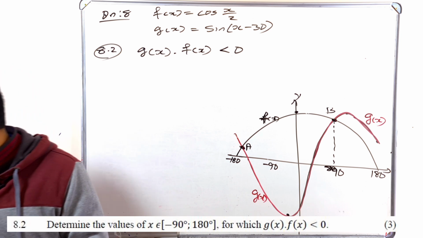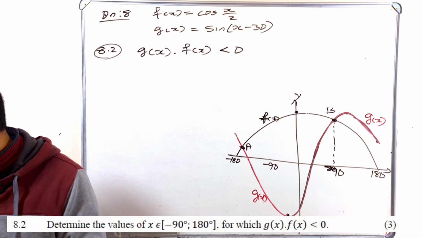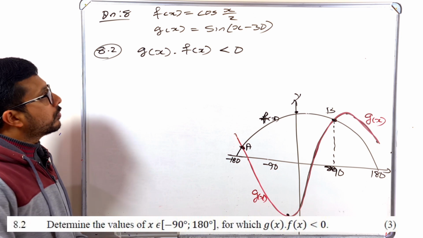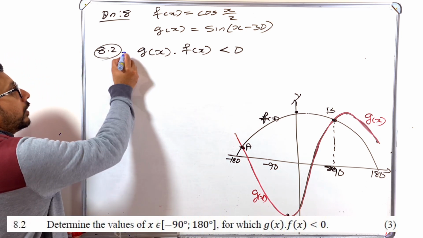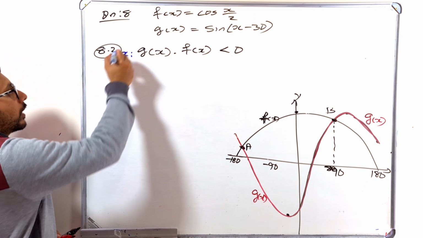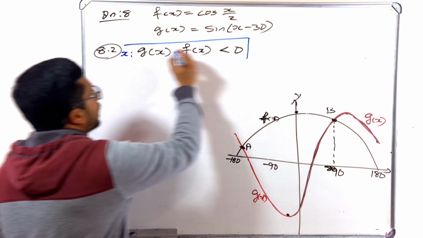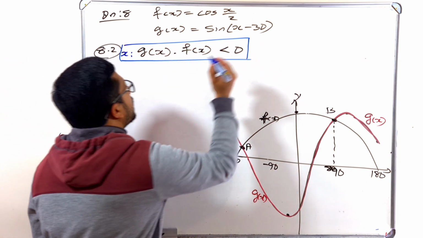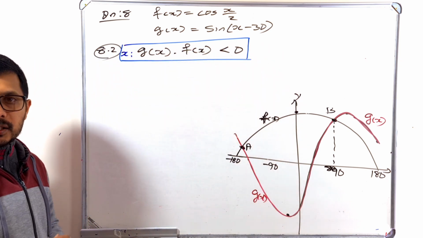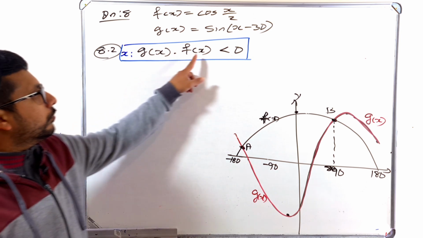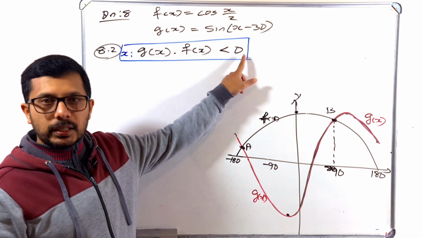So here you have to find the values of x, and what is the condition? g of x times f of x is less than 0. So when you multiply two functions, the answer is negative.